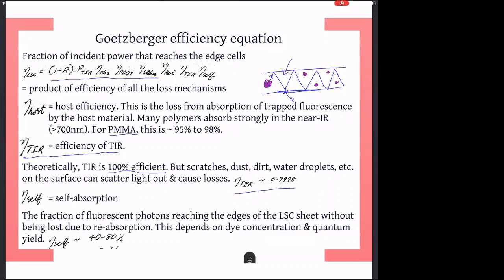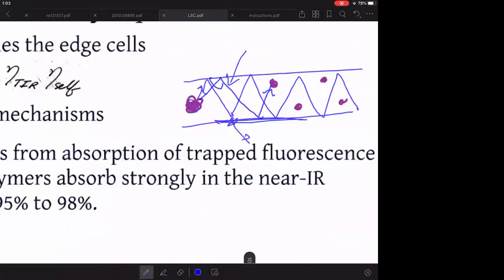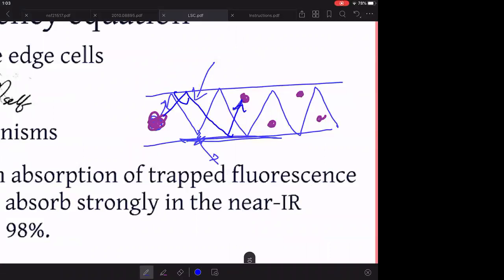And if this photon, for some reason, let's say I'm going to draw a different photon here, reaches this molecule, that could be absorbed again by this molecule. And that's a problem because now that photon is lost, right? It's not going to reach the solar cell.